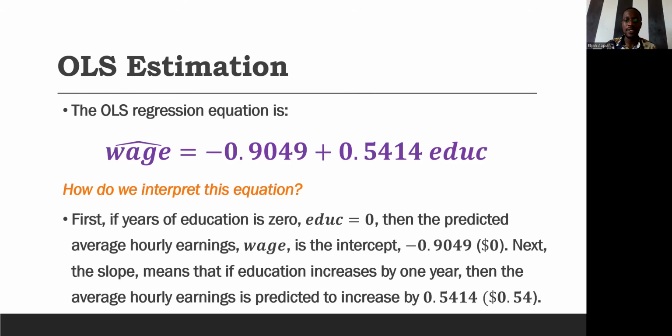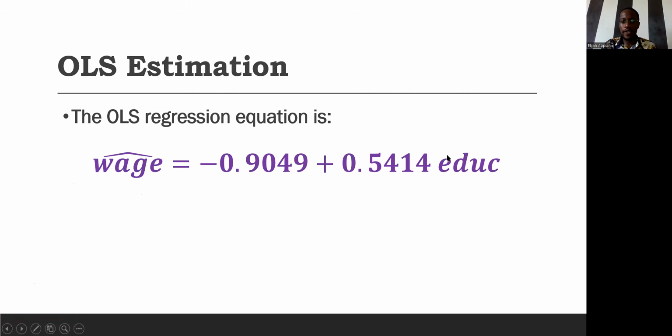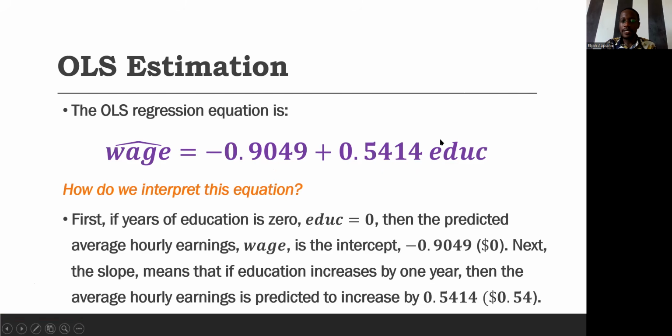How do we interpret this? Now, if the years of education is simply 0, then this second term would all be 0, and we're only left with the intercept. So we are saying that if years of education is 0, then the predicted average hourly earnings wage is simply the intercept, which is negative 0.9049.